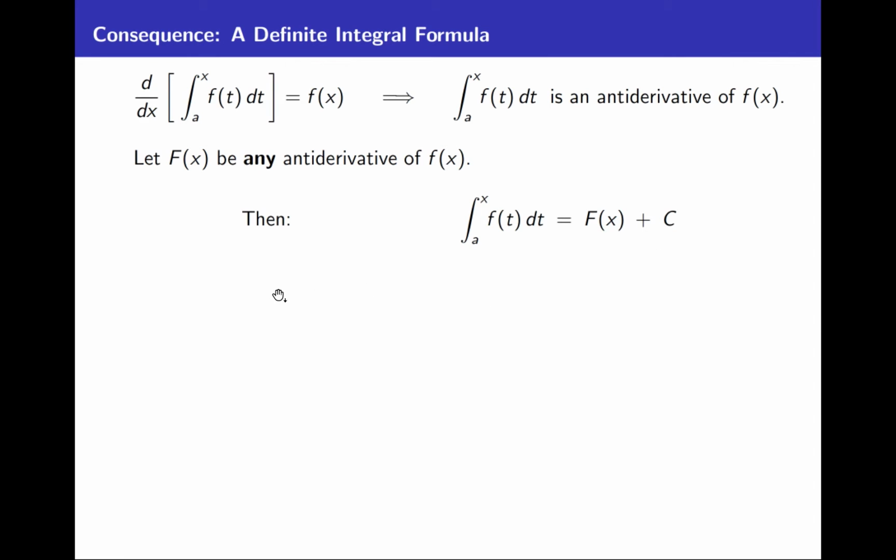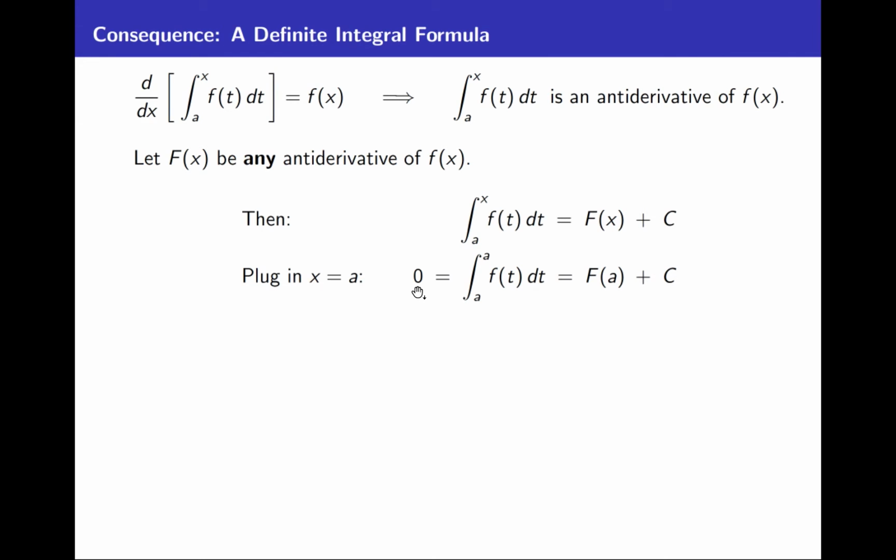And one way to do that is, in this equation, for this value of x, plug in a. Everywhere you see an x, put in an a. So we get the integral from a to a of f(t) dt equals, instead of big F(x), big F(a) plus c. But one of our properties of definite integrals is that when we do the integral from a to a of f(t) dt, we get 0.